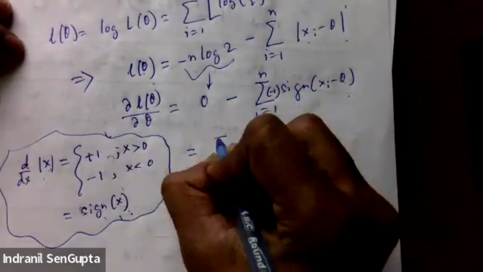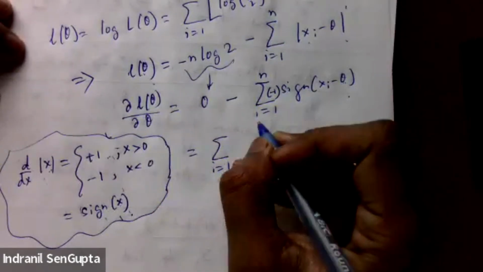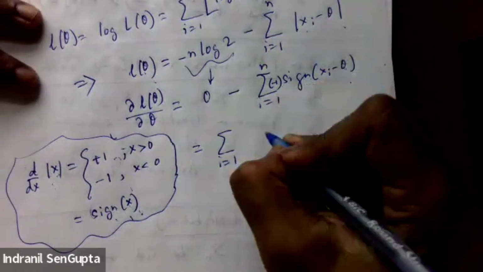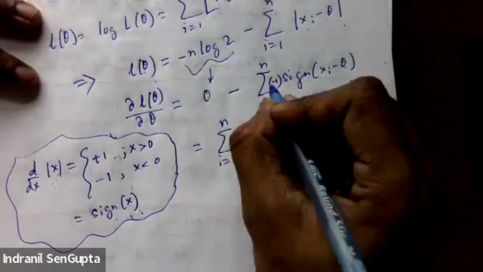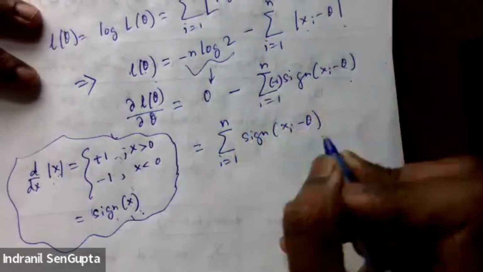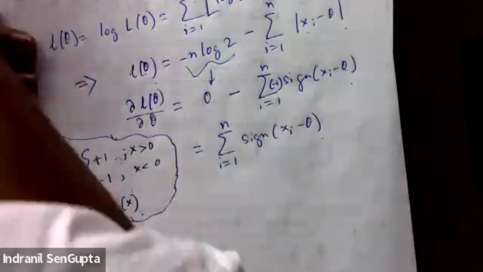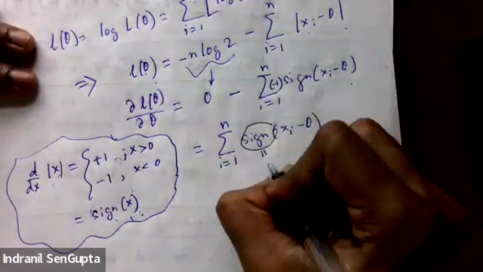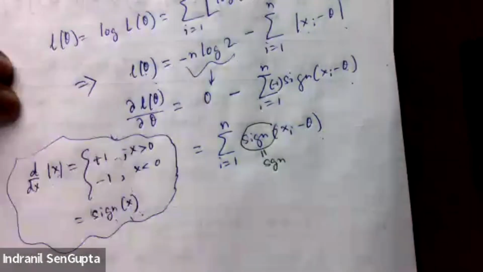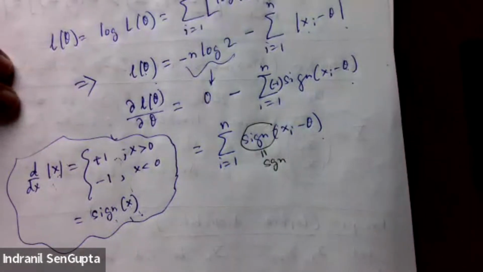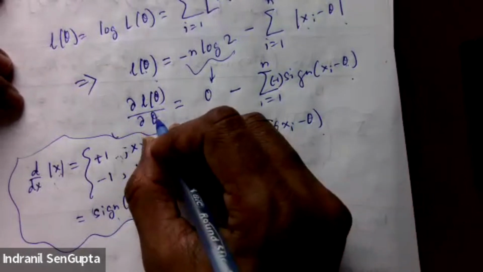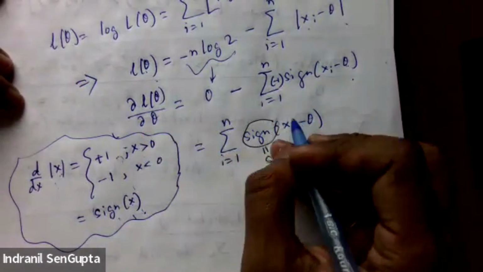So what I get is the sum, i from 1 to n, of the negative sign of xi minus theta. Another way of writing this is sometimes written as SGN. Okay, same thing. So dl d theta is basically equal to this one.